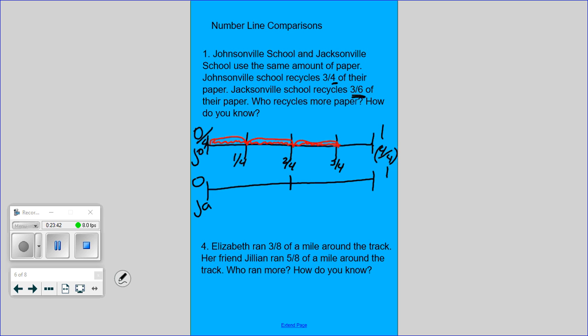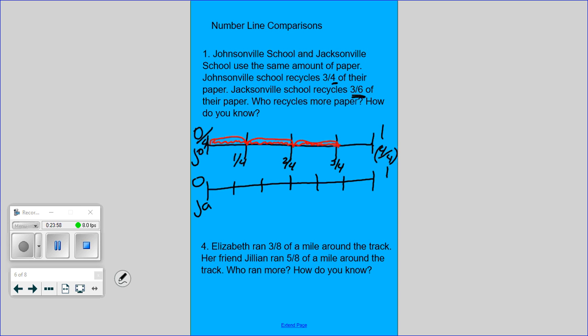Thank you. 6 is an even number, so I can split it in half. And then I can put my 3 on this side, my 3 on that side. I need to label my tick marks.